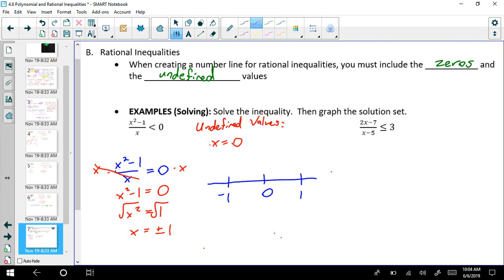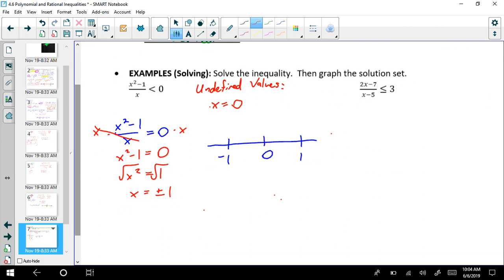Okay, so now we are going to plug in numbers. So let's pick something left of -1. I'll do -2. So if I substitute it in, -2 squared would be 4 minus 1. I'd get 3 over negative. I get a negative number out.